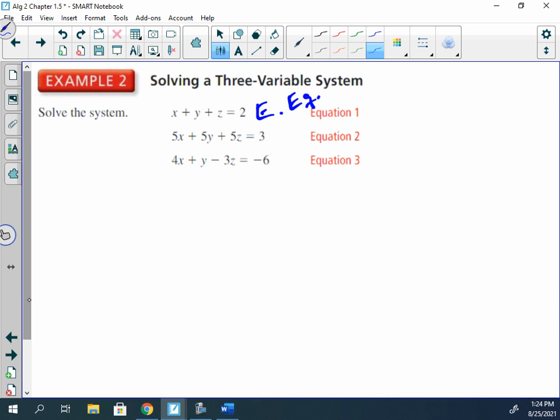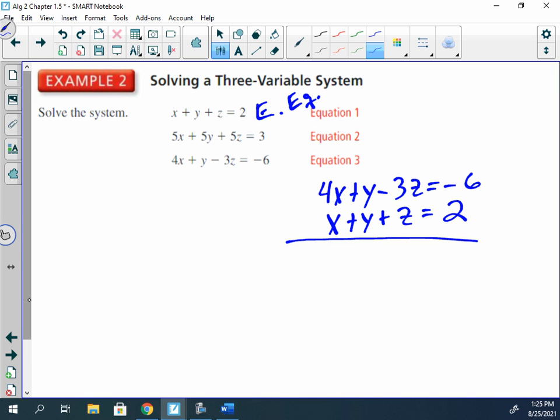So that means I can take our 4x plus y minus 3z, and we already put the other, our eliminator equation, underneath it. Because the values for y, like we did in the first problem where we tried to get them to be the same, is already the same.